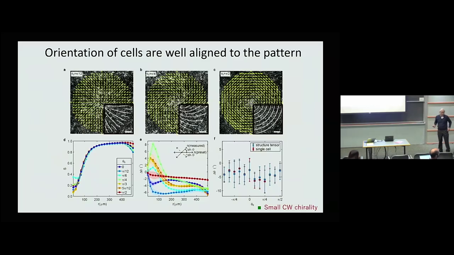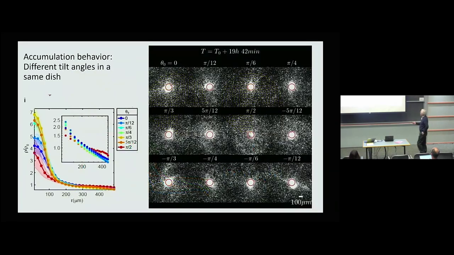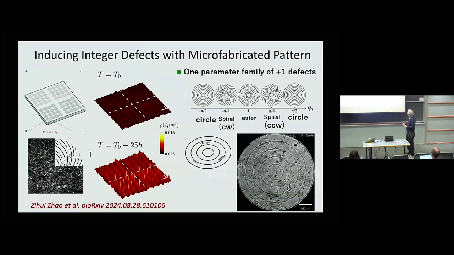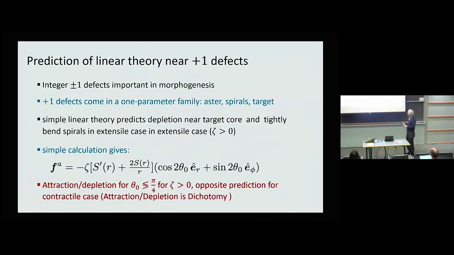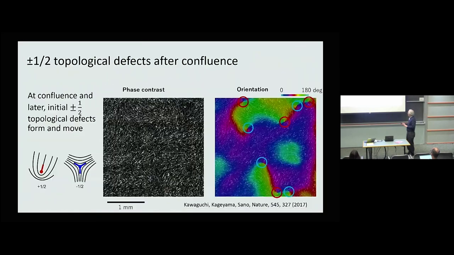Sorry, could I ask a question? Just for comparison, what happens when you place these cells in a well that doesn't have any ridges at all? Does the density stay completely uniform? If you have them in a little dish and there are no ridges, then the density stays uniform; they don't form a core or anything like that. In the beginning we have more disorder, many defects, but gradually they annihilate.